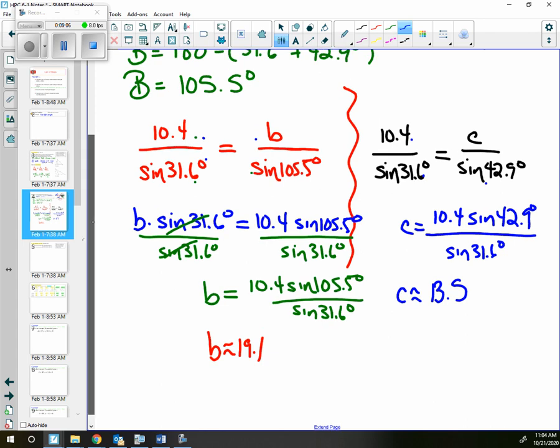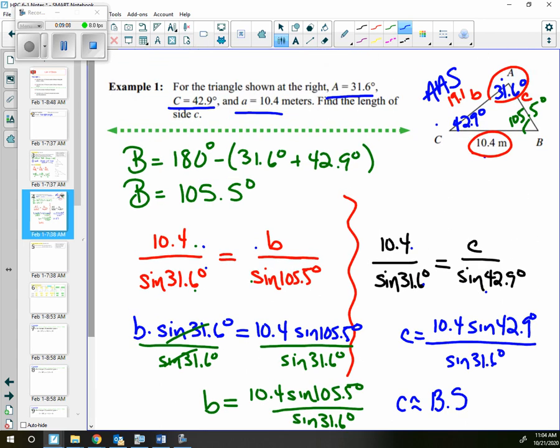All right, so let's go back up. I'm going to label that on my picture. This one was 13.5. Now let's check reasonableness of answers here. Remember, these are proportional. The shortest side should be across from the smallest angle. So angle A was actually the smallest angle. Its side was 10.4. The 42.9 angle C is the middle angle size, and it was across from 13.5. Is that reasonable?